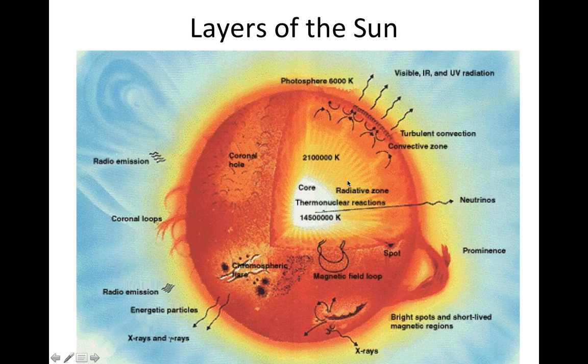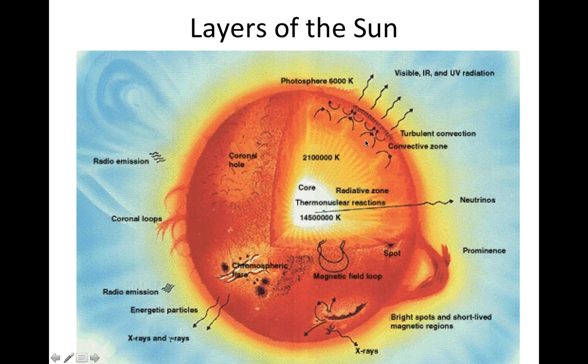Then the radiative zone is an area where the radiation of energy keeps traveling around and around for thousands of years until it reaches the convective zone. The radiative zone is 2 million Kelvin, significantly lower in temperature, and the temperature here is low enough that no more thermonuclear reactions are possible.